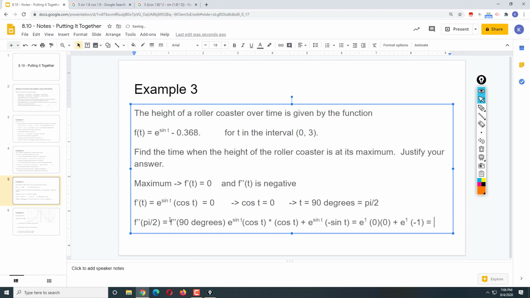So it's equal to negative e. If the second derivative is negative, we know it's a maximum. So we know f is at a maximum at t equals pi over 2 by the second derivative test again.